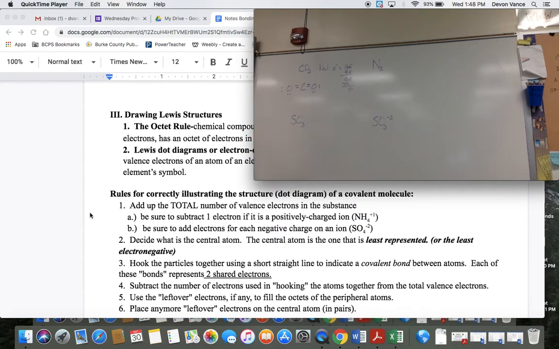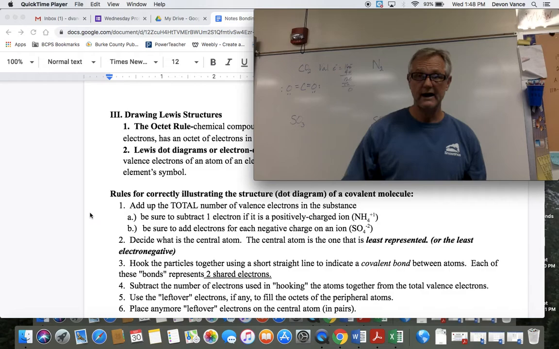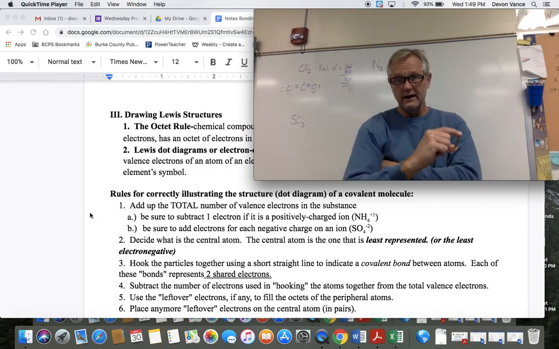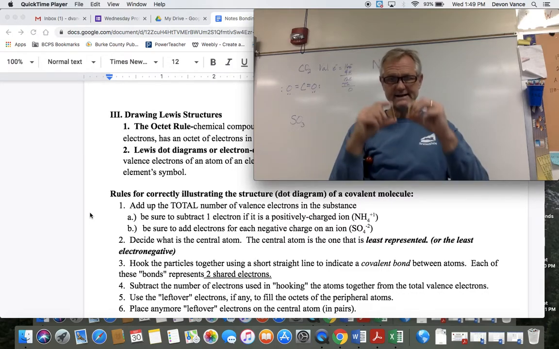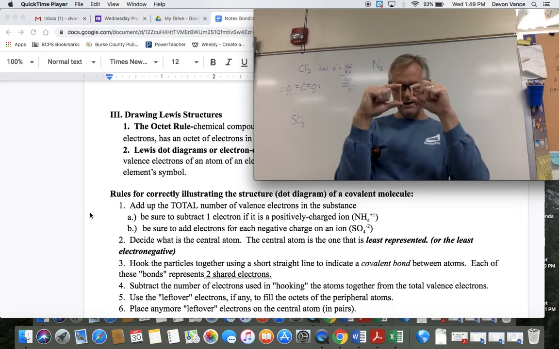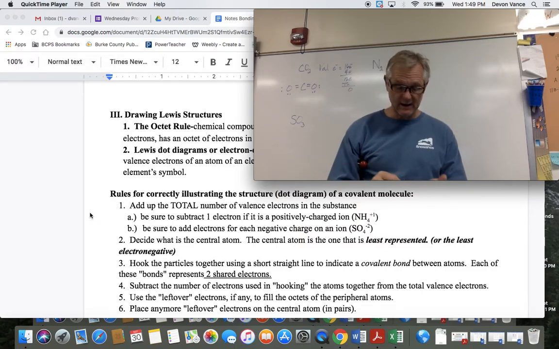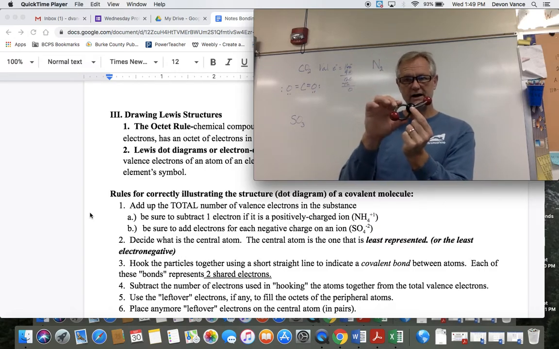How does that look? Well, I like our little molecular model kits because they show us a stick that's this size for a single bond, a stick that's this size for a triple bond, and then we know that the double bond would be somewhere in between these 2. If I look at this, you see how I've got springs?